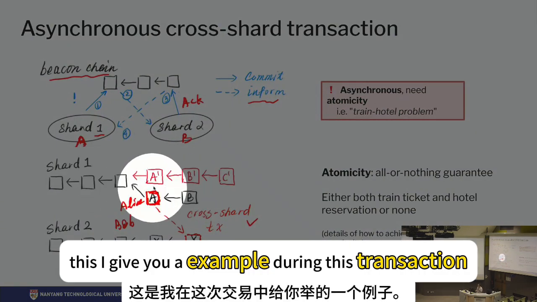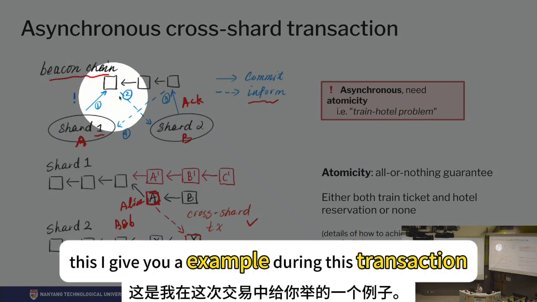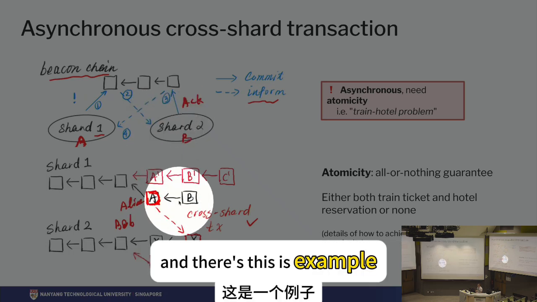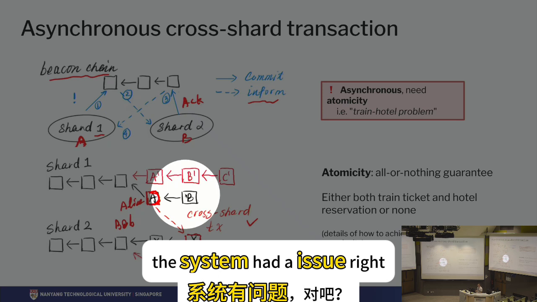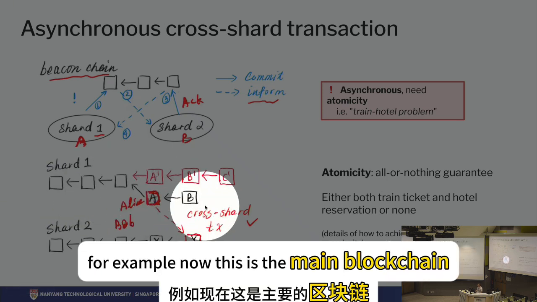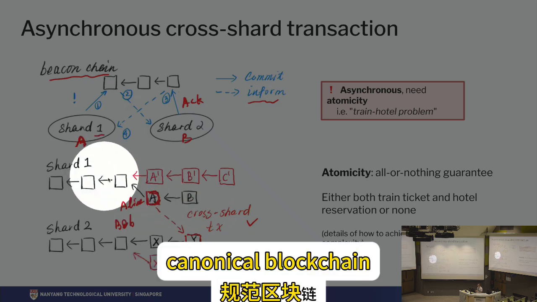I'll give you an example of this transaction, an example where the system had an issue. For example, now this is the main blockchain, the canonical blockchain.